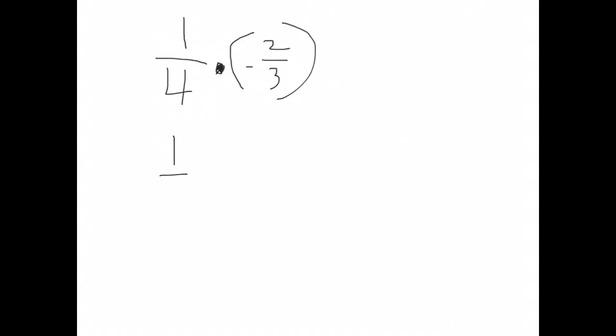It's going to be 1/4 times, then put the negative up by the numerator, and then after, you can switch it down to where it was before.